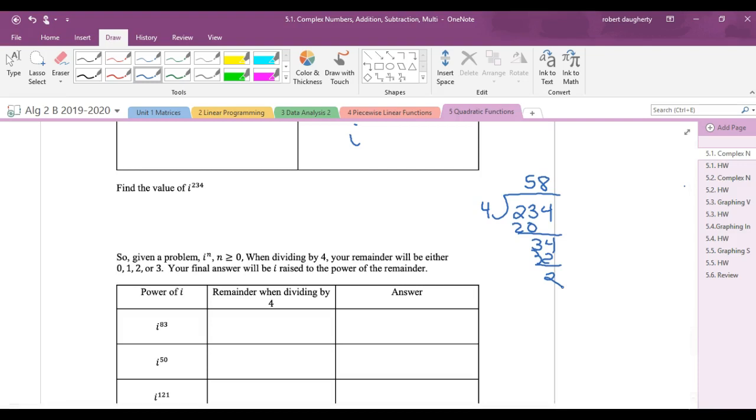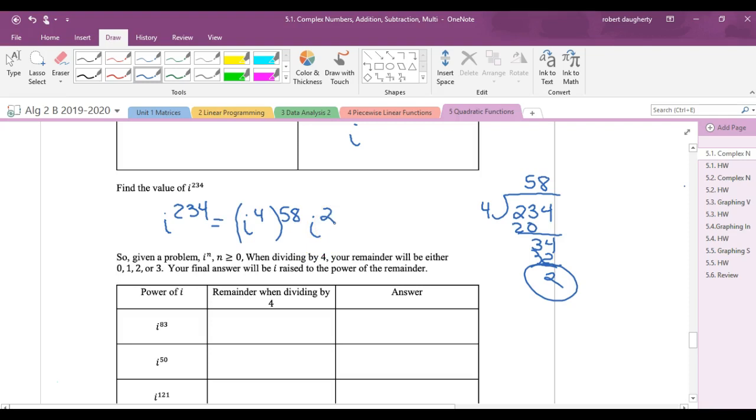So 4 times 58 is 232, 234, okay. That means that i to the 234 can be written as i to the 4th to what power? 58, okay. That gives me how many i's? 232. So how many are left? 2. Okay.